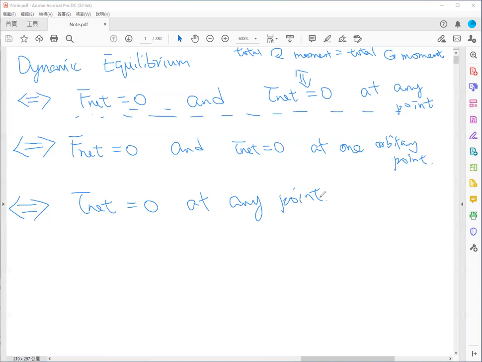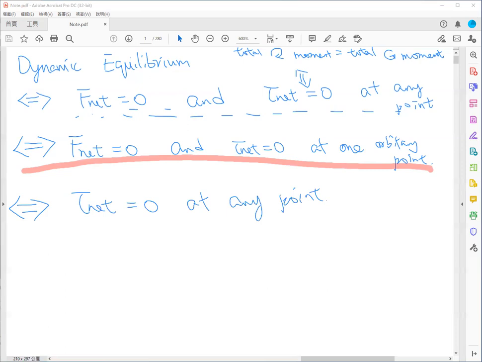But I'm not going to prove it. It's a bit complicated to prove. So in most cases in an exam, I will just choose the second one. We just take the moment at one specific point and also see whether the net force is zero. If yes, then the object is in dynamic equilibrium.